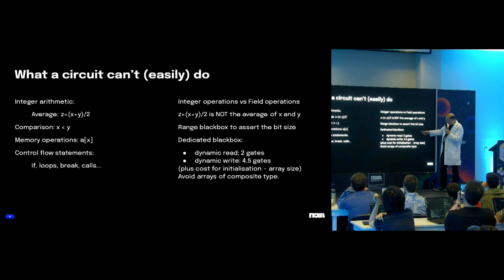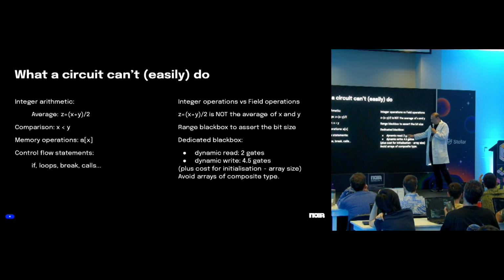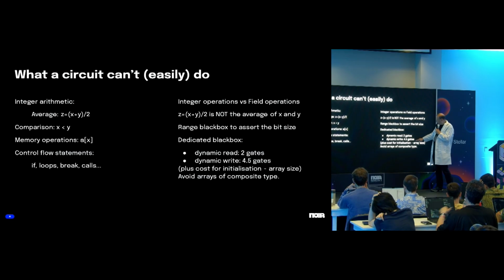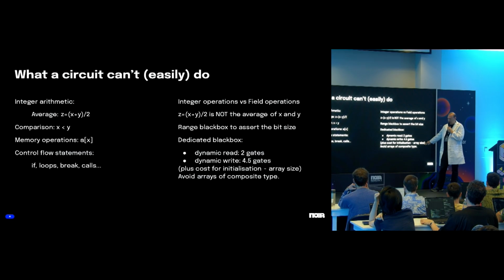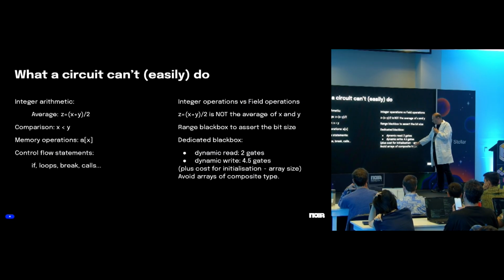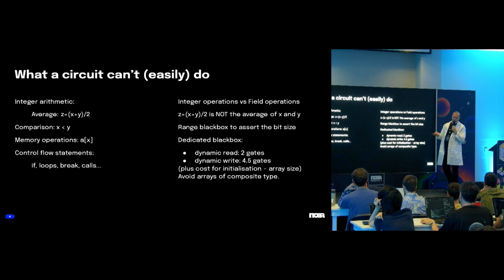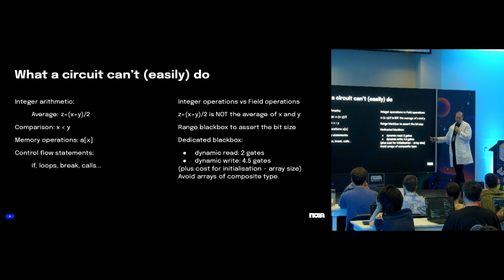So even if you have only one dynamic read, it will be 2 gates plus the number of elements in your array. And also these numbers are only for arrays of simple type, like numbers. But if you start to use composite types, it will not be the same number, so I would suggest that you avoid that.